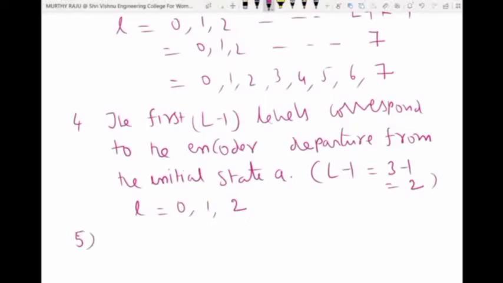Next, the fifth one: L minus 1 is less than or equal to L, which is less than or equal to K. That is 3 minus 1, 2, less than or equal to L less than or equal to K, which is equal to 5.